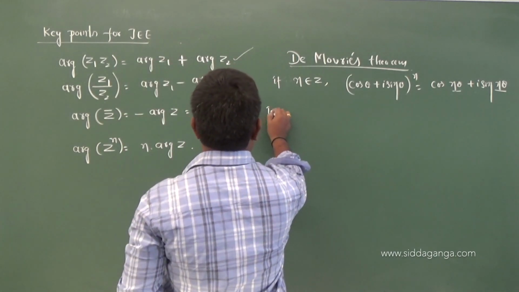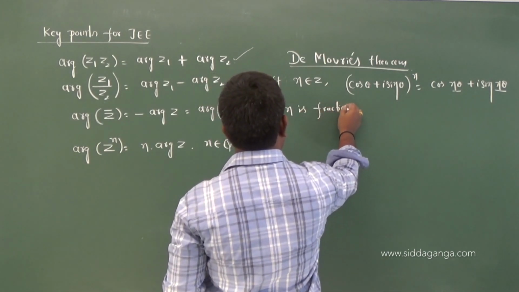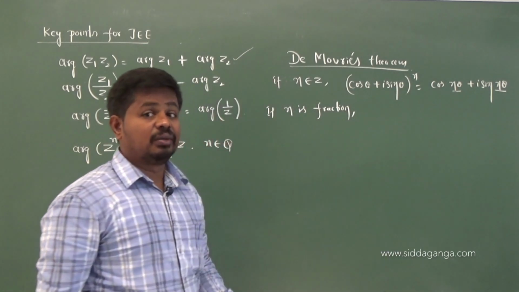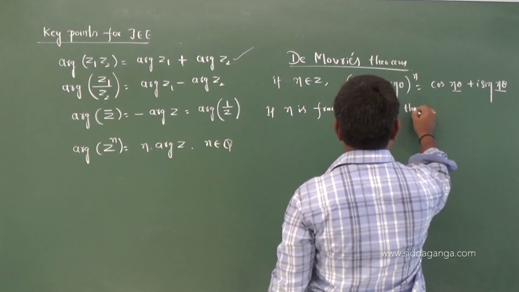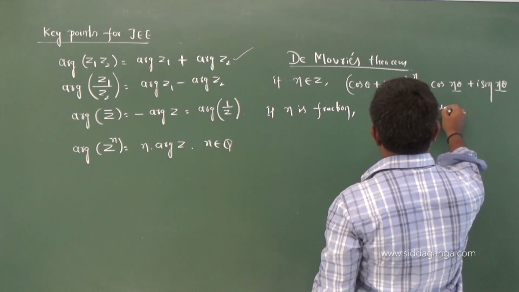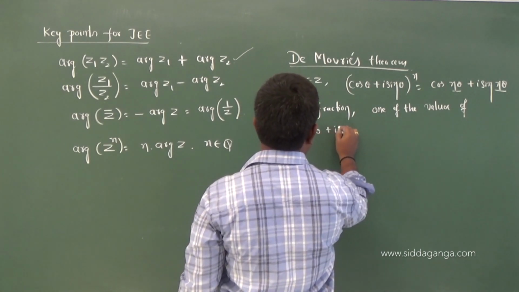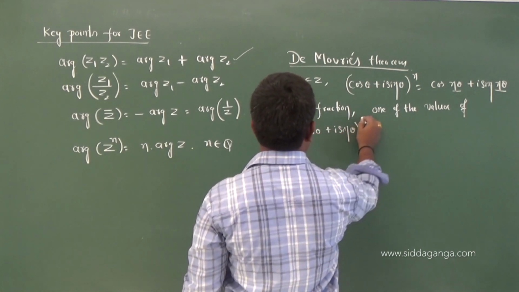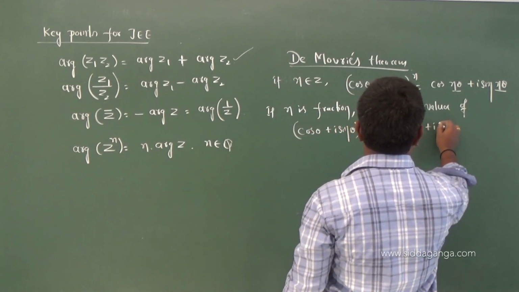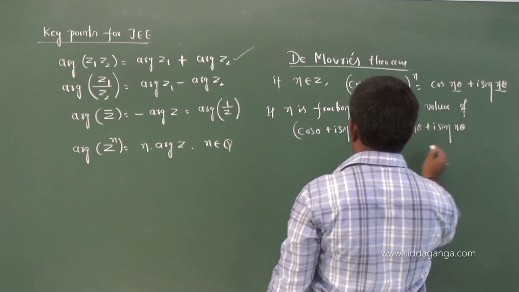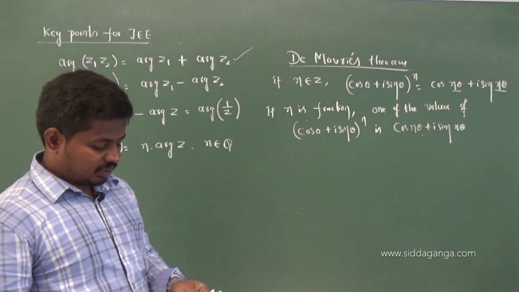Suppose n is a fraction, then one of the values of (cos theta plus i sin theta) power n is cos n theta plus i sin n theta. So when n is a fraction, then one of the values of this becomes cos n theta plus i sin n theta. It's the most important result.